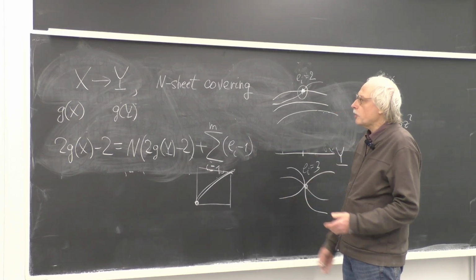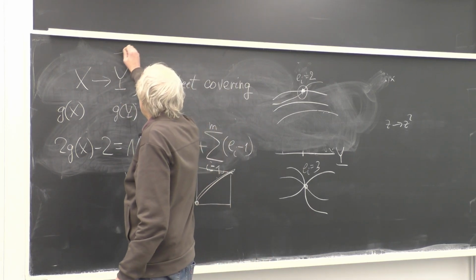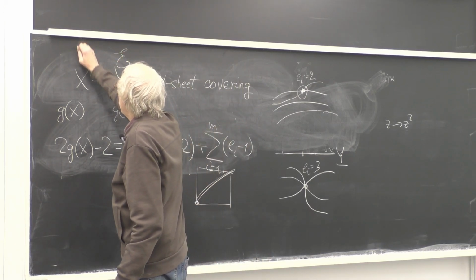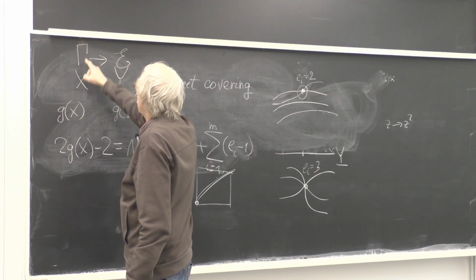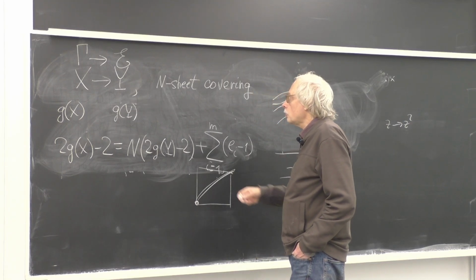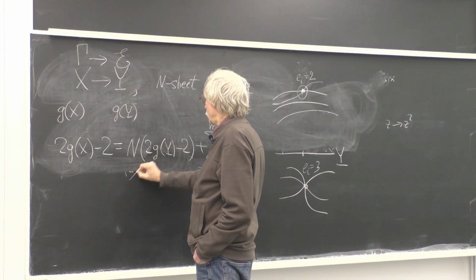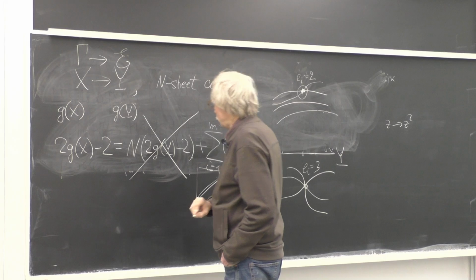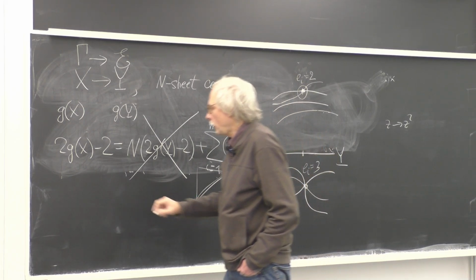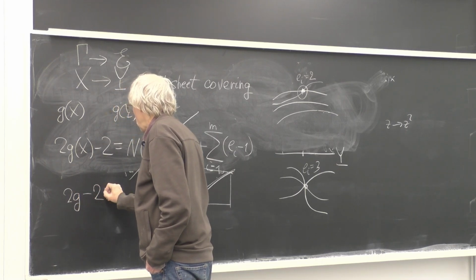So let us apply this formula to our case. In our case, this is the elliptic curve, and X is our spectral curve gamma. Then the genus of the elliptic curve is 1, so this term cancels, and we get the relation.